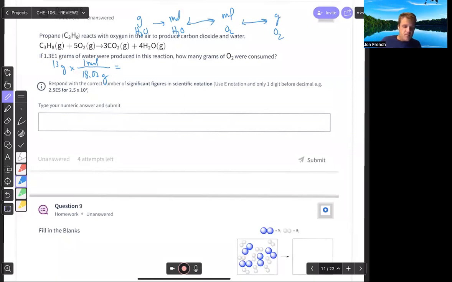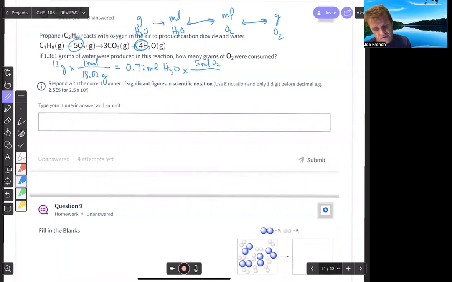So the first step, 13 grams divided by 18.02 grams per mole, got 0.72 moles of water. Yes, I'm keeping more numbers in my calculator, but the next step, I want to go from moles of water to moles of oxygen. So I know for every 4 moles of water that I make, I've got to put in 5 moles of oxygen.